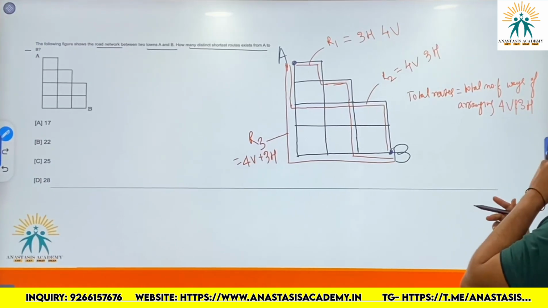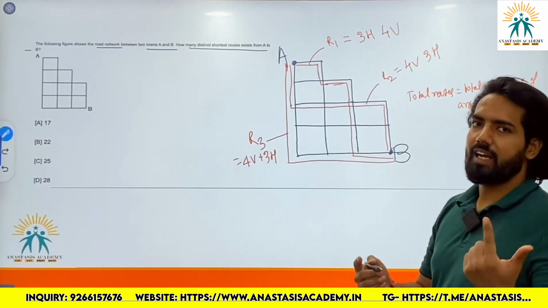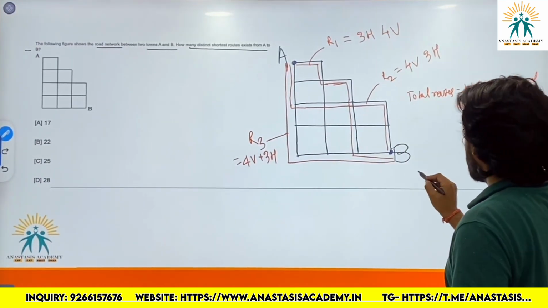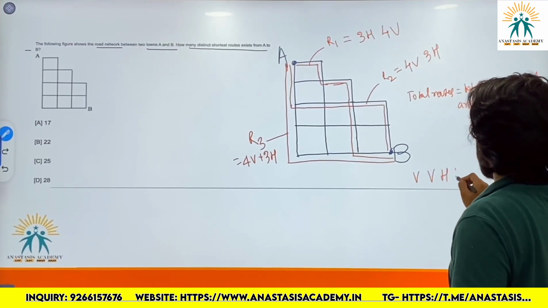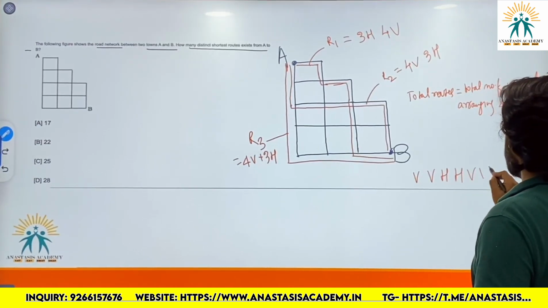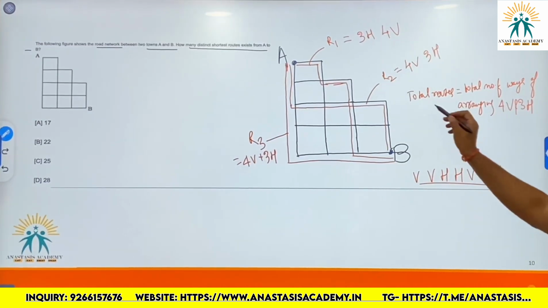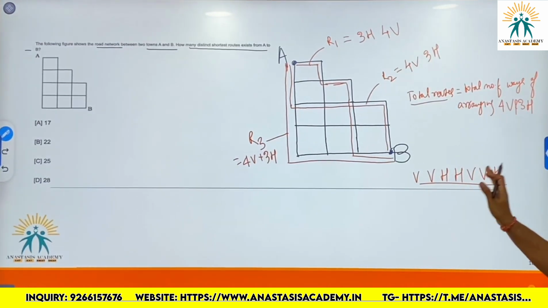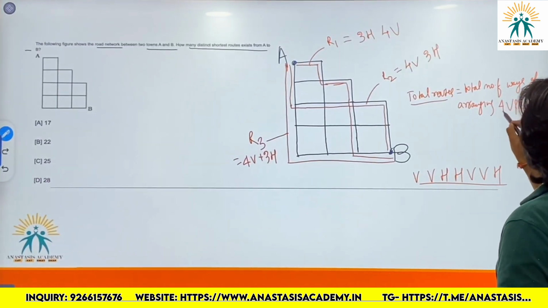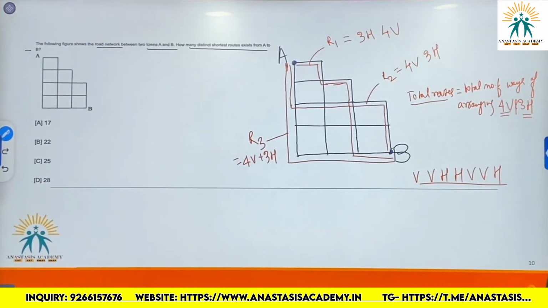If I arrange V and H, I'm getting one distinct route, right? If I write V, H, V, H, I'm getting one route. So getting the total routes is all about arranging these V's and H's. And there are 4 V's and 3 H's.